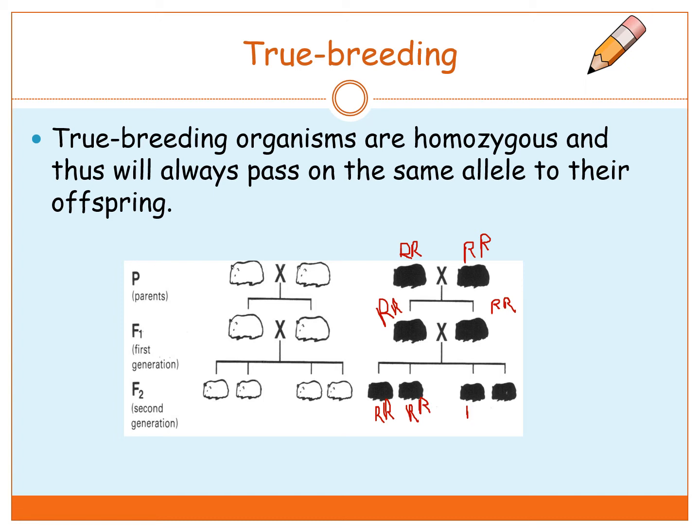And if the whites were recessive, then all of the mice would have the genotype little r, and again would all be homozygous. So if it's true breeding, it is homozygous.